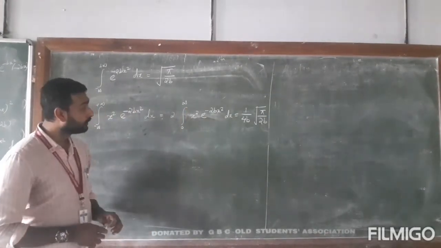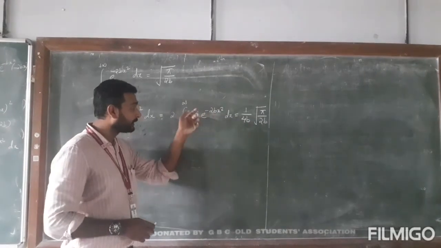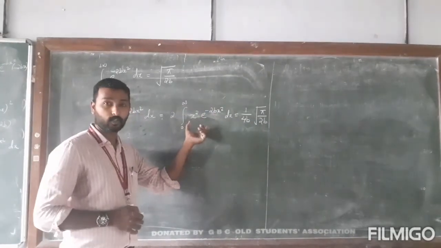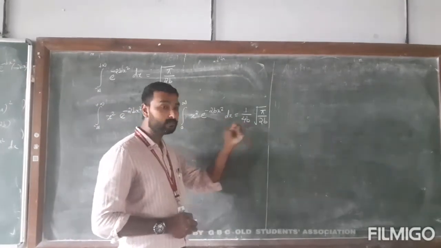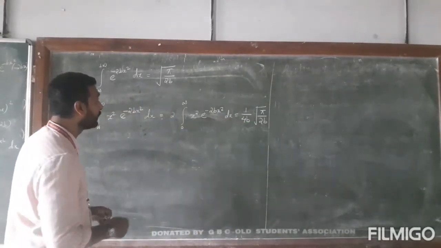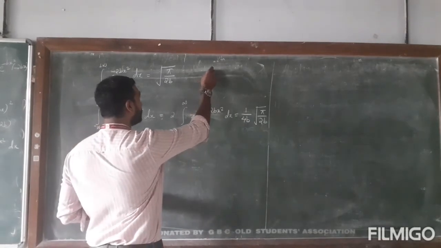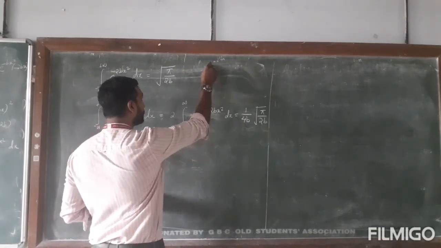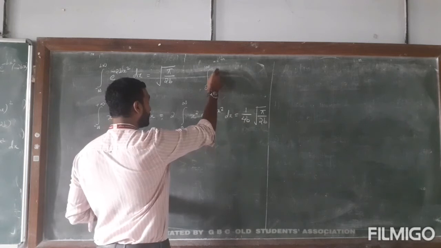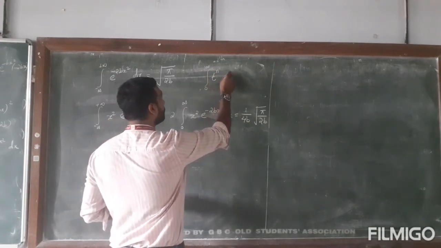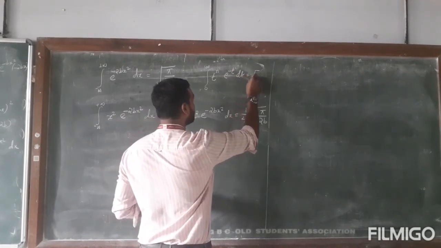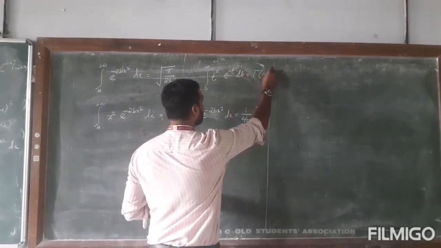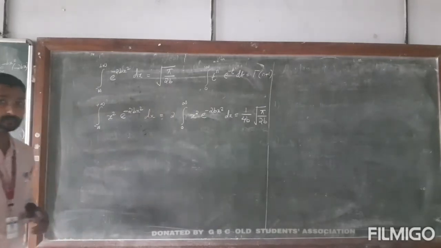Now it is possible to write this integration as a gamma function, and from that we get this result. So you have to recall that the gamma integration, the integral from 0 to infinity of t raised to n e raised to minus t dt, is gamma of n plus 1.